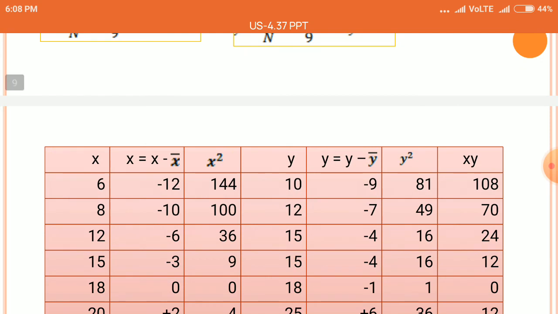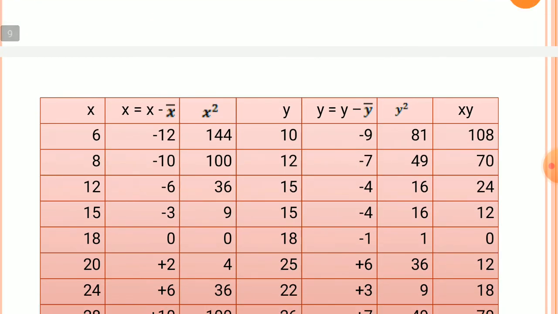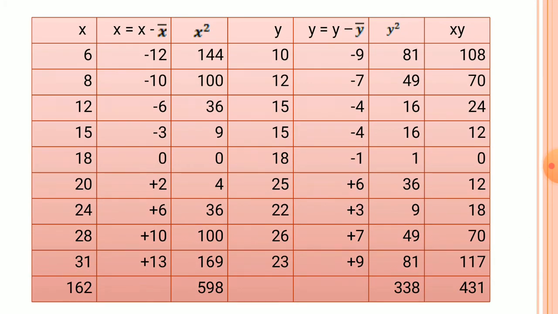So 6 minus 18 is minus 12, 8 minus 18 minus 10, 12 minus 18 minus 6, 15 minus 18 minus 3, 18 minus 18 is 0, 20 minus 18 plus 2, 24 minus 18 plus 6, 28 minus 18 plus 10, 31 minus 18 plus 13.